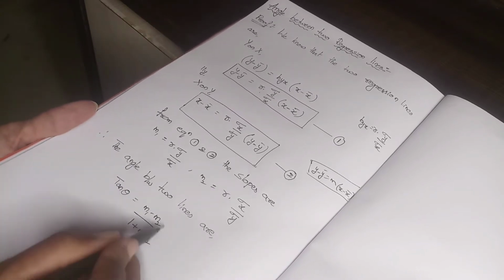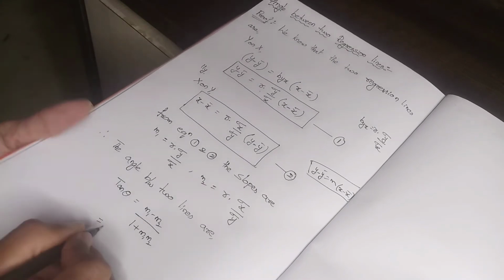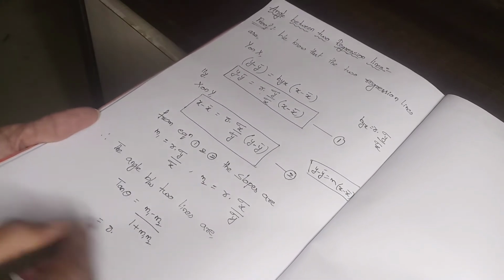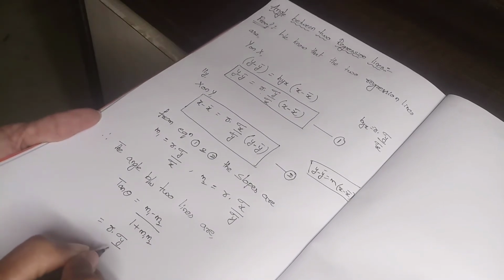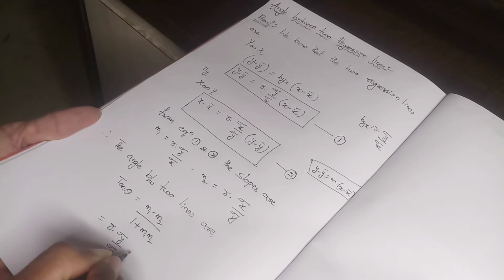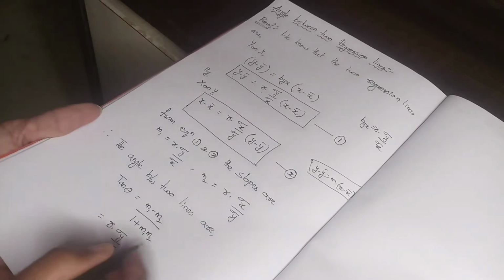Now I am going to substitute these two values in this formula. What is m1? R into standard deviation of y by standard deviation of x, minus, what is m2?